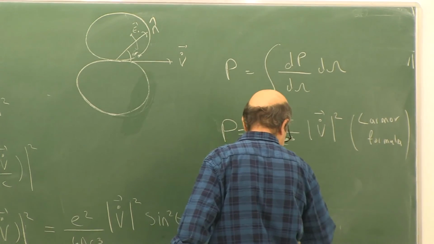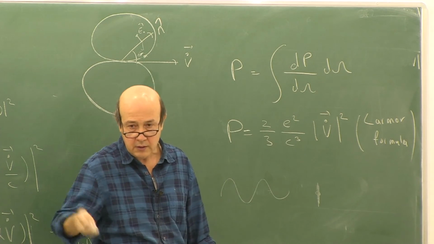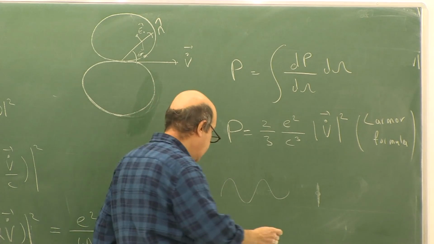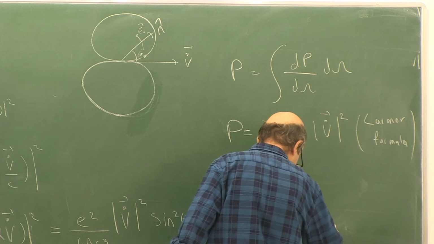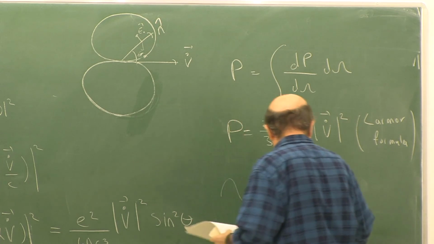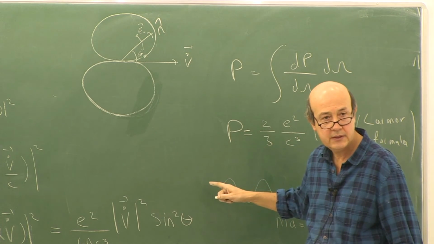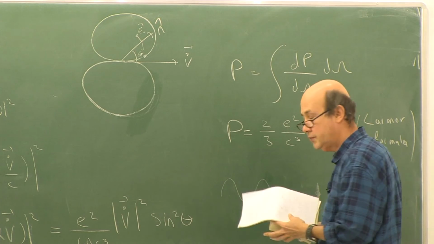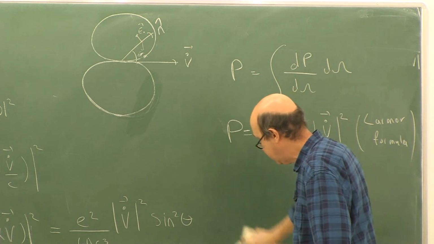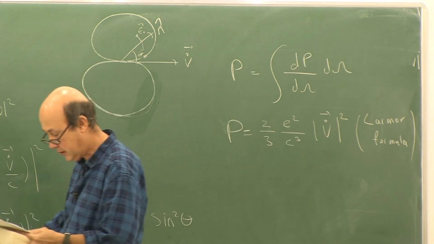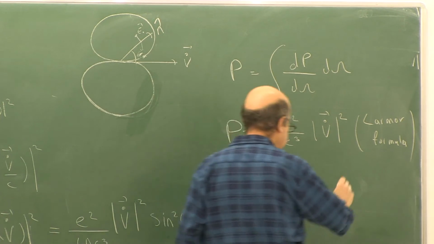What happens? The charge will start to oscillate due to the electric field of the electromagnetic wave. So you can write the force on the charge, that is e times the electric field. Then you know the acceleration, then you know the total power emitted from the oscillating charge. We will study this in Thomson scattering. So this is the Larmor formula for non-relativistic motion.